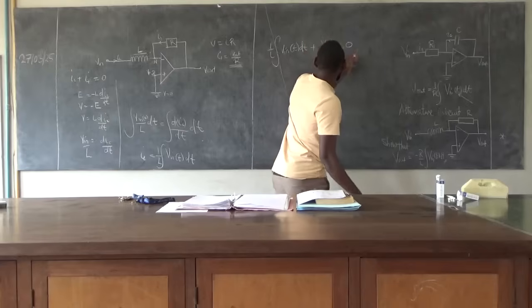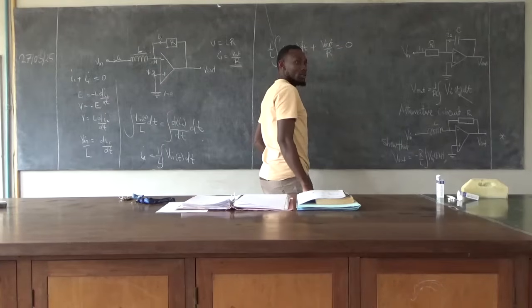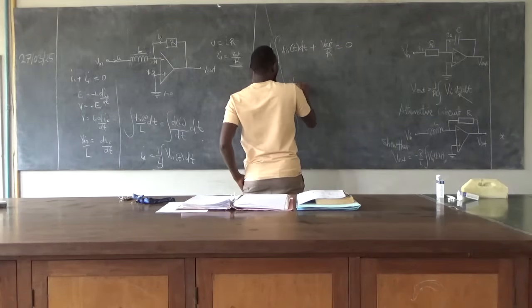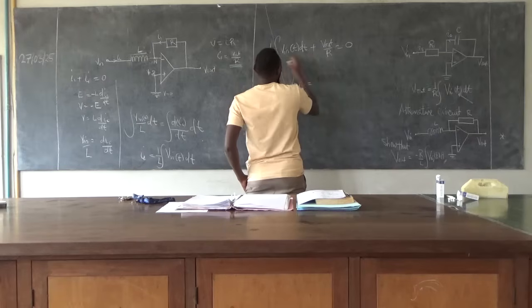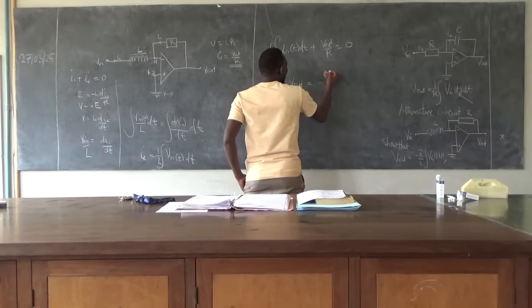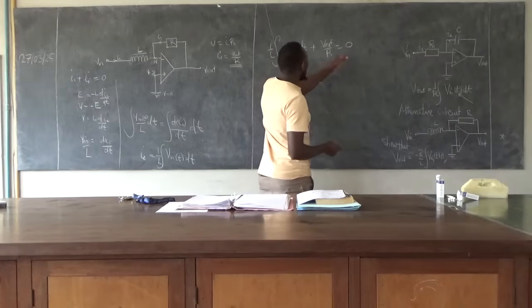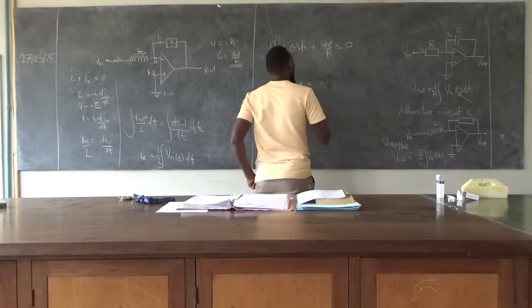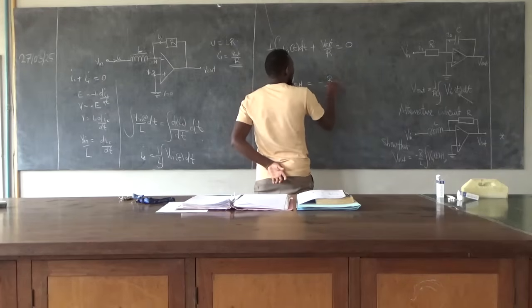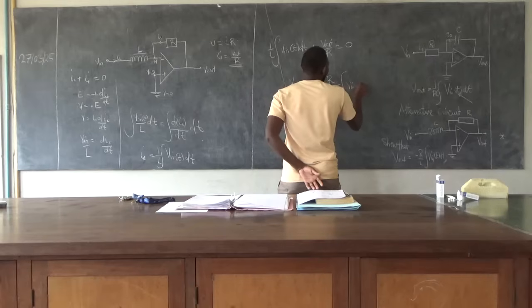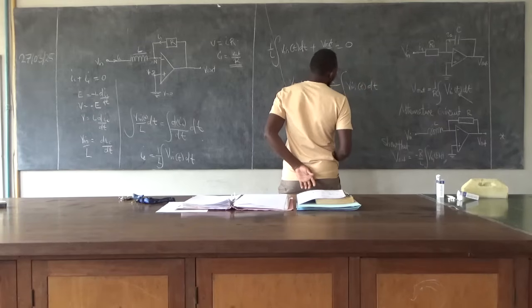You take this one to the other side, you multiply by this one, and we finally say that V out will be equal to negative R over L, the integral of V in dt.